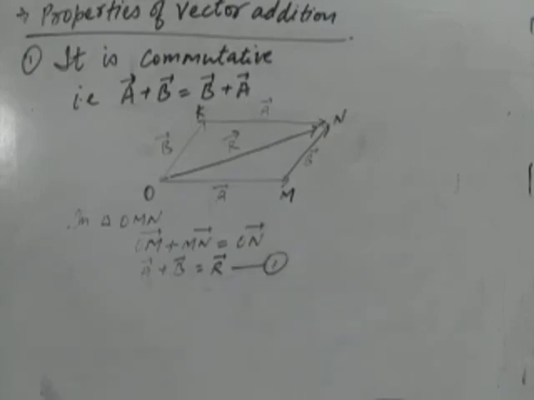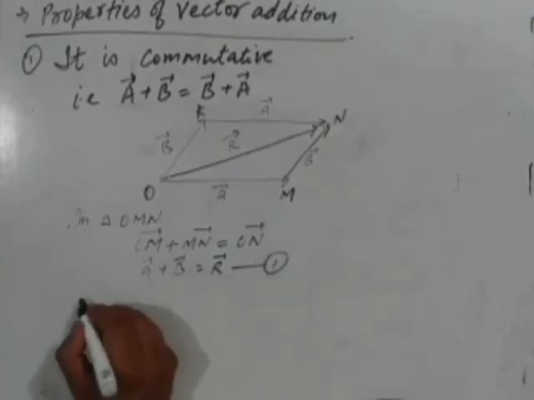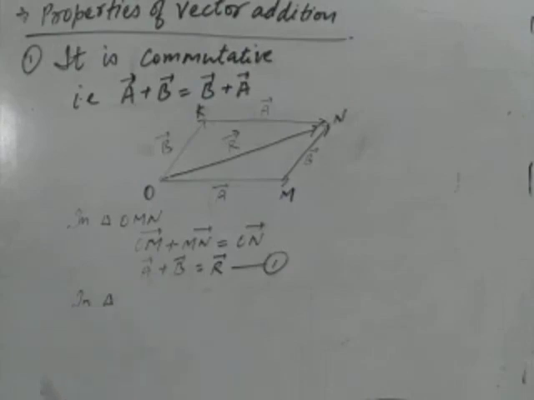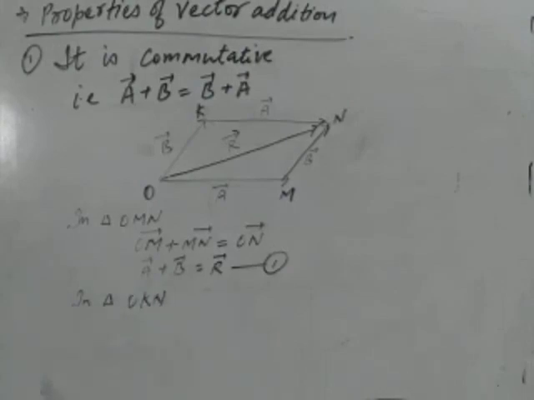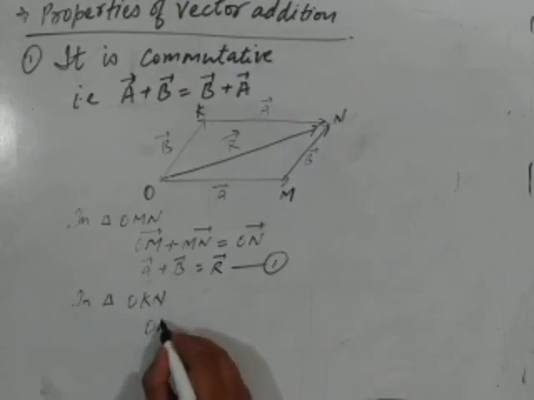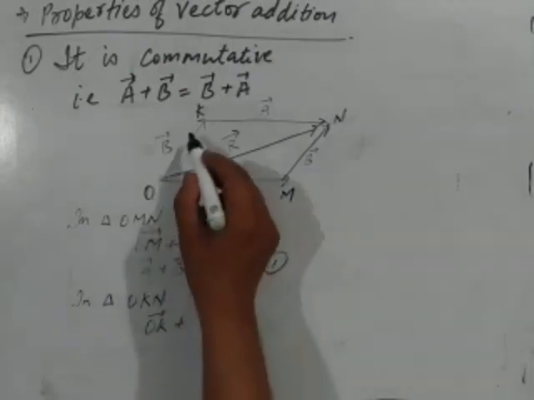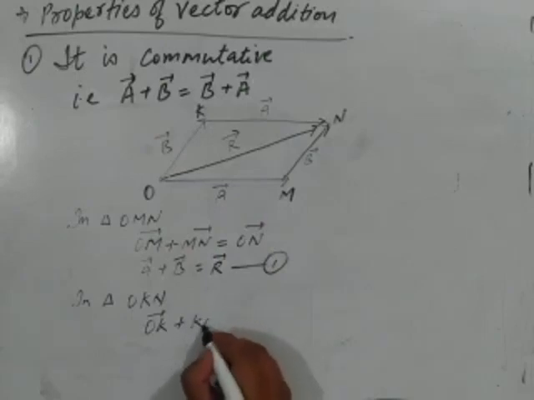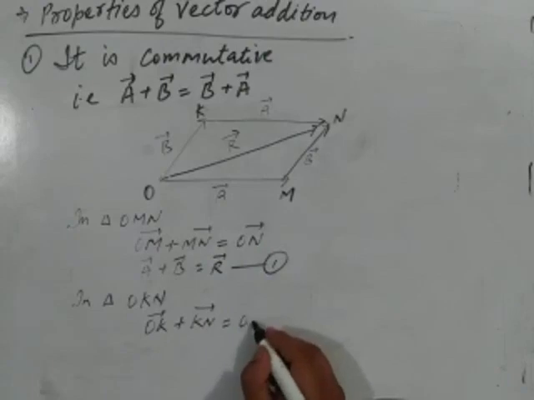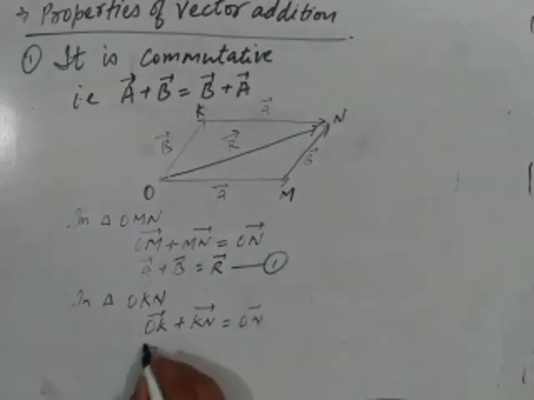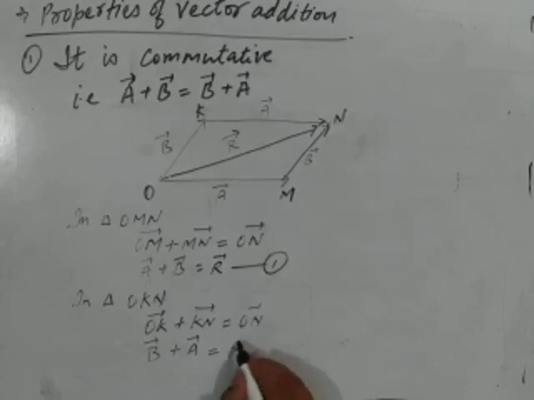Similarly in triangle OKN, OK vector plus KN vector is equivalent to ON vector, that is, B vector plus A vector equal to R vector.